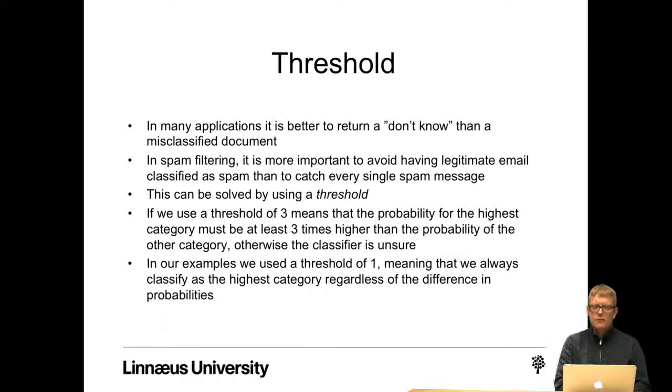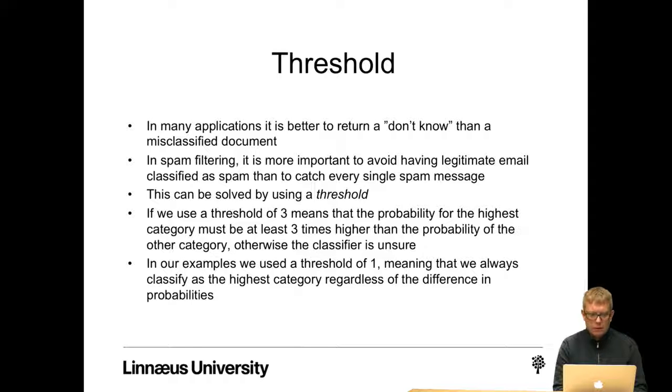In many applications, it's better to return a don't know than a misclassified document or example. In spam filtering, it's more important to avoid having legitimate email classified as spam than to catch every single spam message. And this can be solved by using a threshold.